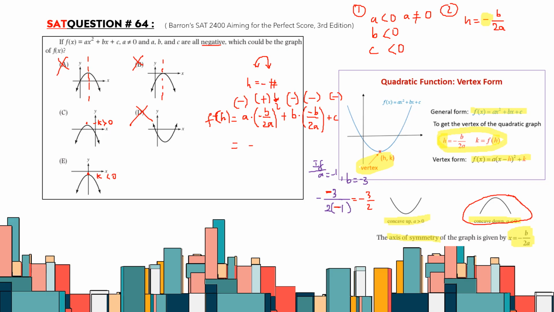So you see the first one is negative, you add another negative, then you add another negative, so that is more negative. All three numbers are negative. When you sum them up, it will be negative. So it means k will be negative. So c will be eliminated. We choose E.